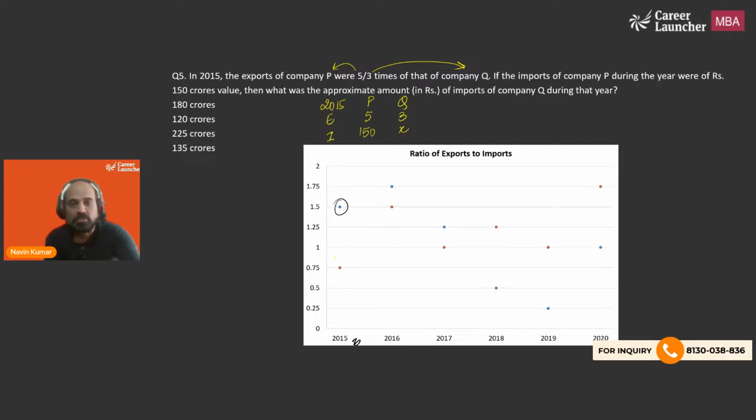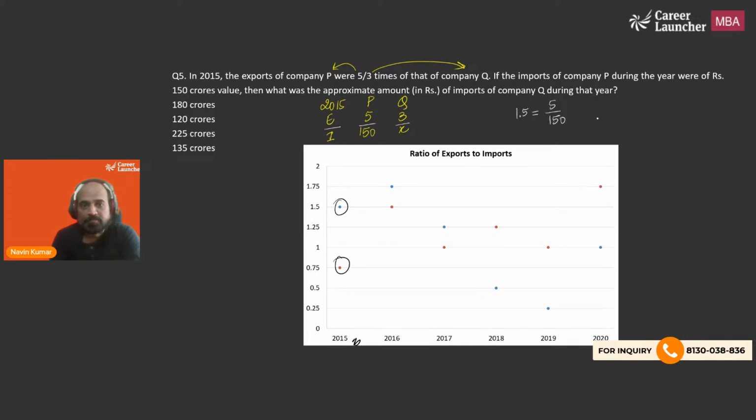Okay. So right now we have 2015 that we need to take care of. So if we look at the export to import of company P, it's 1.5. 1.5 means we are talking about 5 upon 150, right?